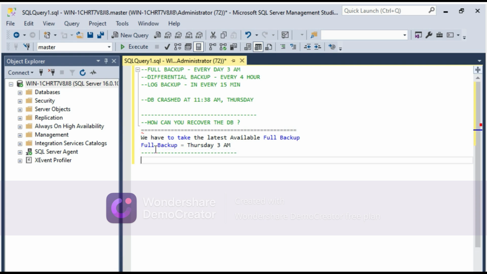Okay, now differential backup. Till 3 a.m. we have the full backup. Now from 3 a.m. to 7 a.m. we have one differential backup. Then 7 a.m. to 11 a.m. we have a second differential backup.